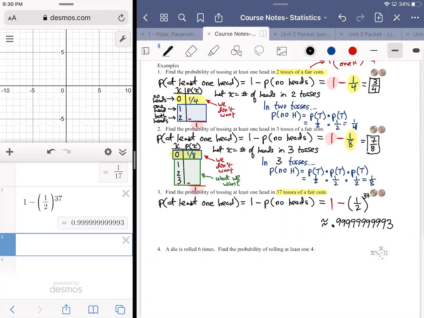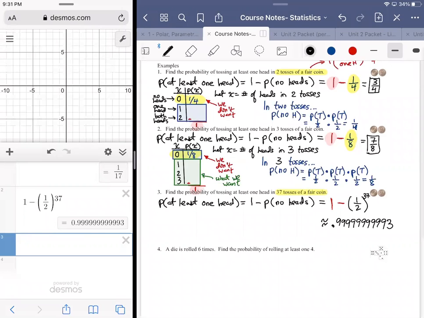It's a very minute chance that you flip a coin 37 times and you don't get a single head. There is that little minuscule chance that you can get all tails, but it's so minuscule that it's almost negligible, but it is still possible. So we have to account for that as a possibility.